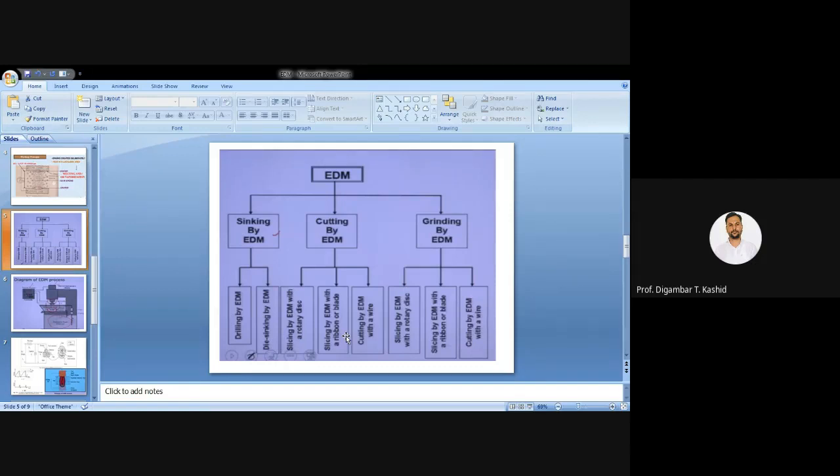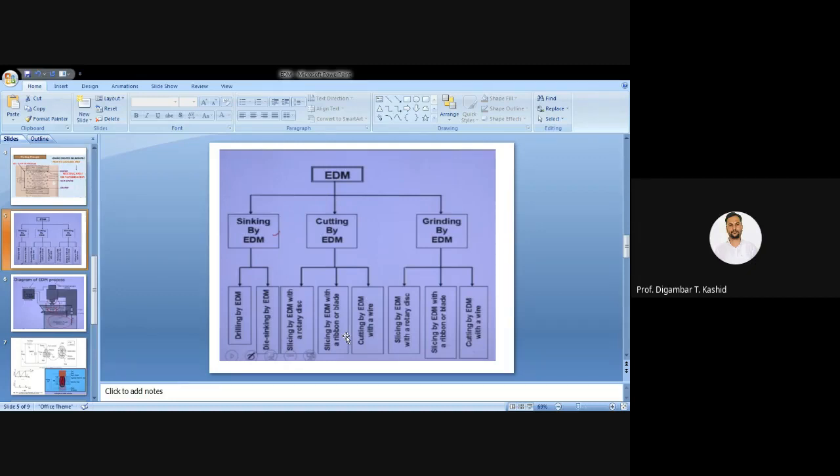And the third one is cutting by EDM with a wire. So you can use a wire also as a tool, and you can go for cutting. Normally it is called wire cut EDM. This wire cut EDM process we are going to see separately, in detail. So this wire you can use for cutting purposes, and you can move that wire also.